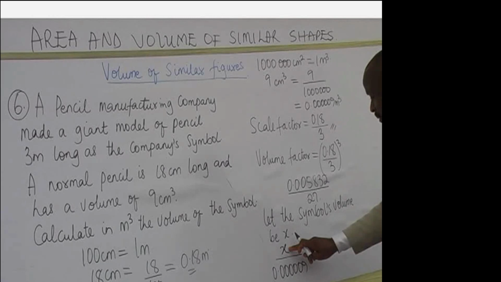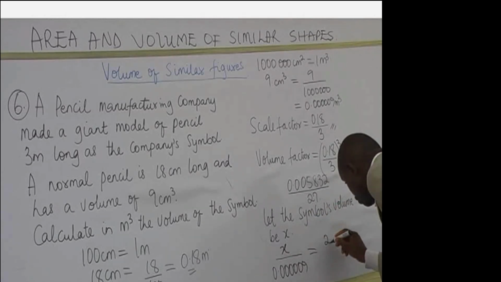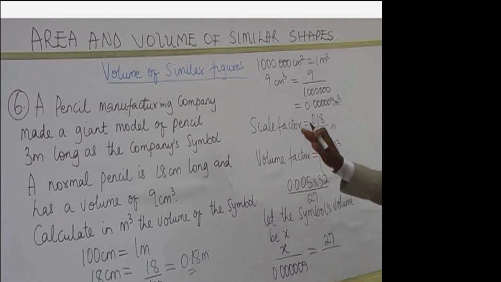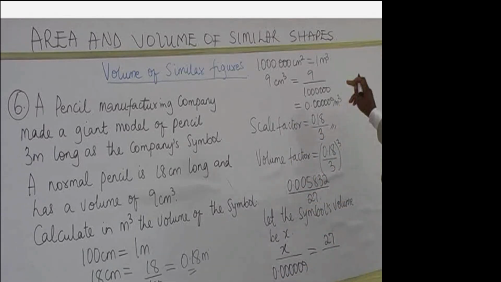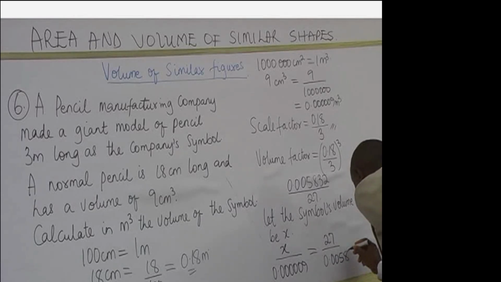27 is for the symbol, so put 27 up. Then this figure, 0.005832, which is for the normal pencil, will now come down because this one is also the volume of the normal pencil. So we have divided by 0.005832.